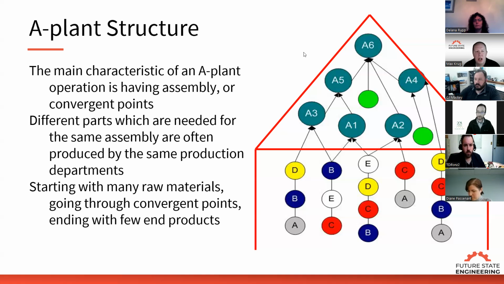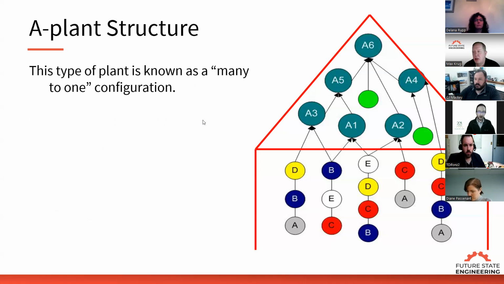Okay, so an A plant structure is known as a many-to-one configuration. Boeing, for example, is an A plant. Heath's products in terms of presses are probably like an A plant configuration, right? I got many components to make the press. It goes through similar manufacturing departments, and they go through sub-assemblies, and then I have a press I offer to the market.